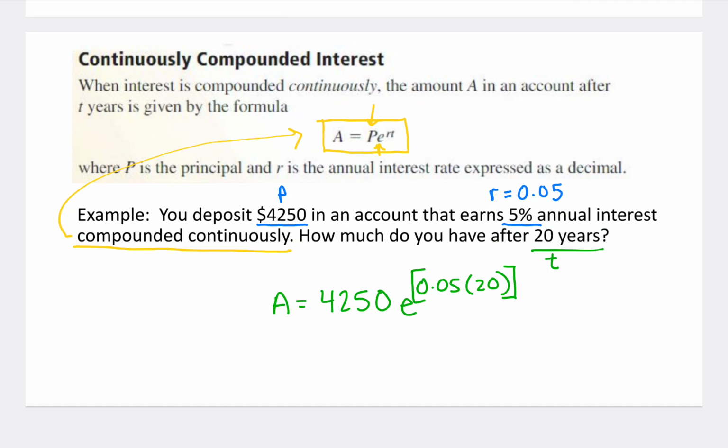But go ahead and find that solution. 0.05 times 20 is 1. So we have 4,250 times e to the first power. And if you put that in your calculator, you get about $11,552.70. That would be how much you have after 20 years.